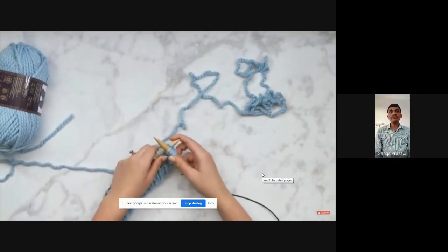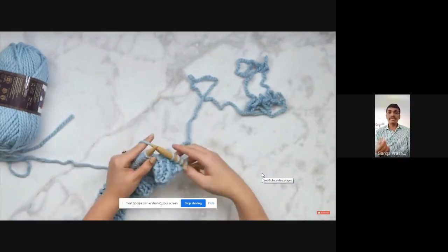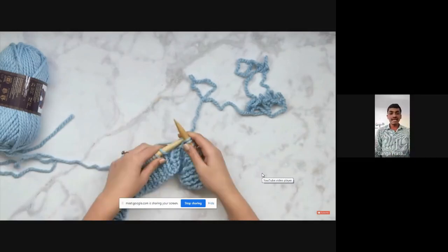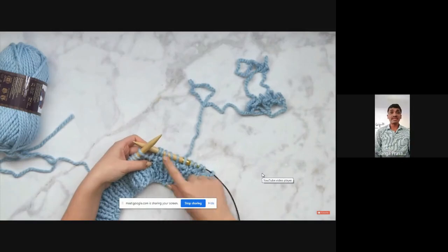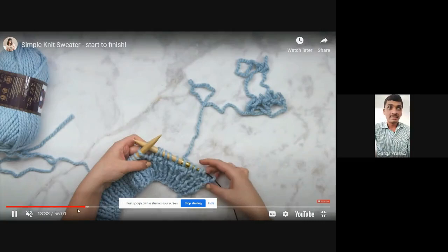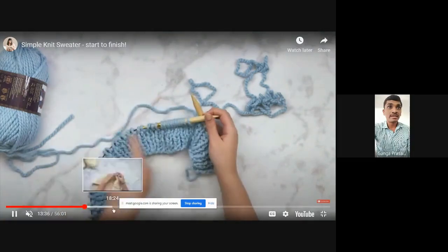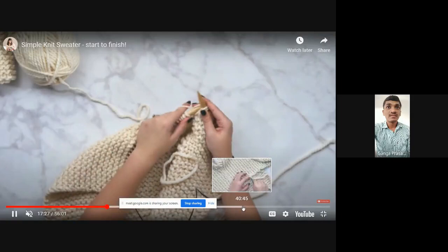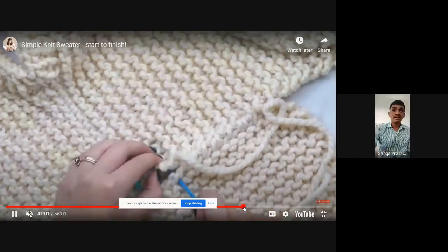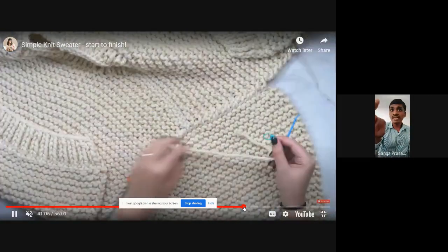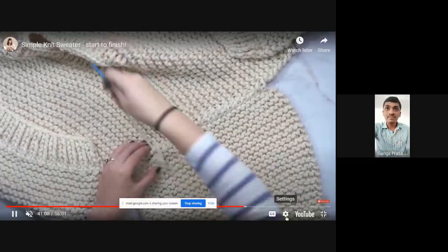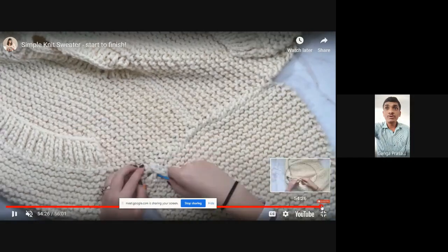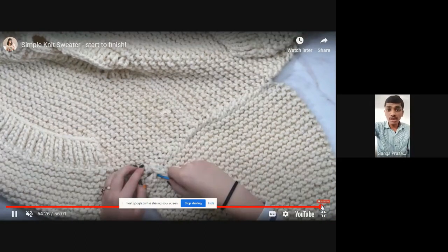This process, where a single yarn is used to make a piece of fabric, is called knitting.